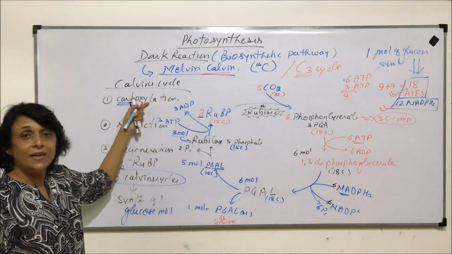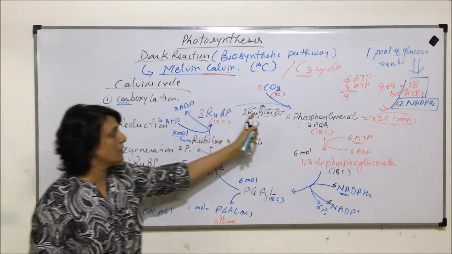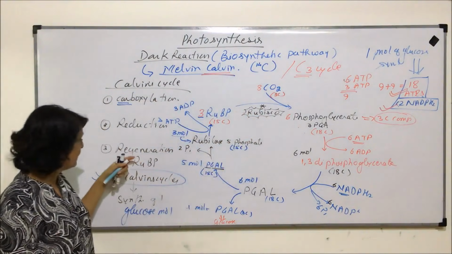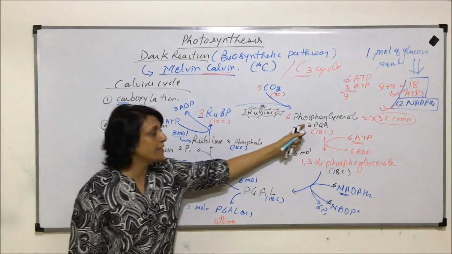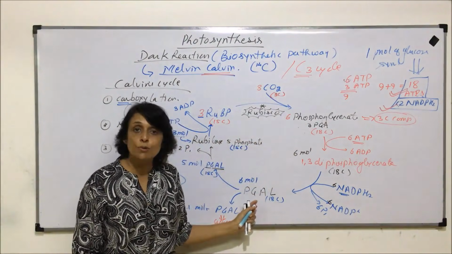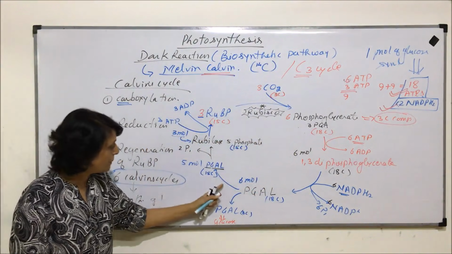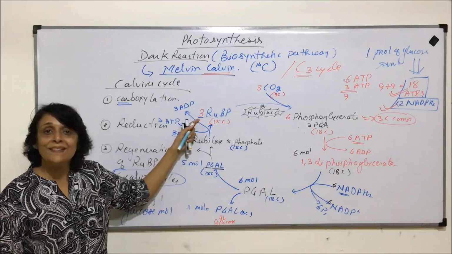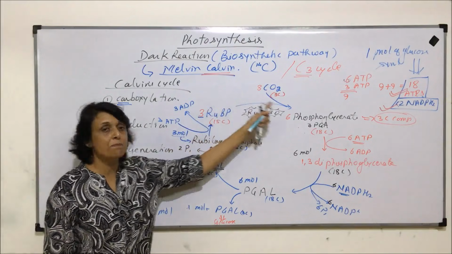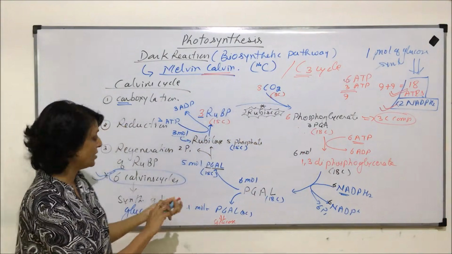So the 3 reactions are carboxylation, addition of carbon dioxide, then reduction, where the acid which is synthesized gets reduced into the aldehyde, and third, regeneration of RuBP. So here RuBP gets regenerated so that it can participate in this reaction.